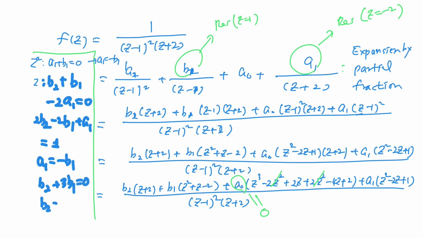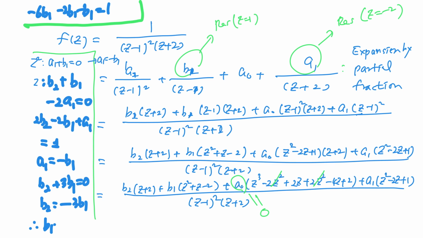So B2 is minus 3B1... right? 2B2, so 2B2 is minus 6B1 minus 2B1 minus B1 is equal to 1.